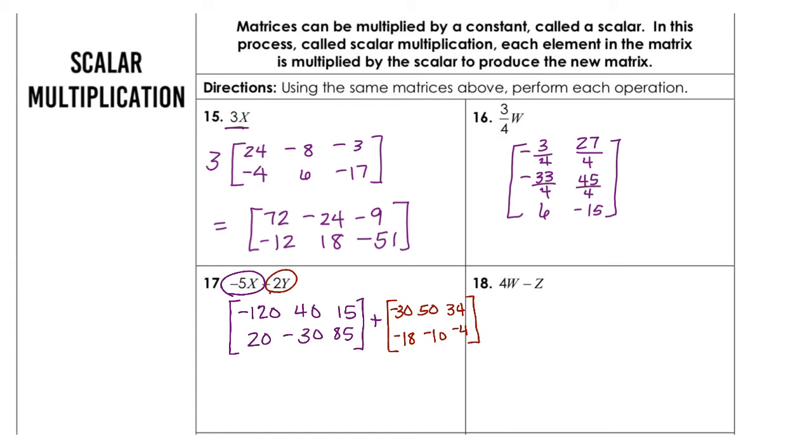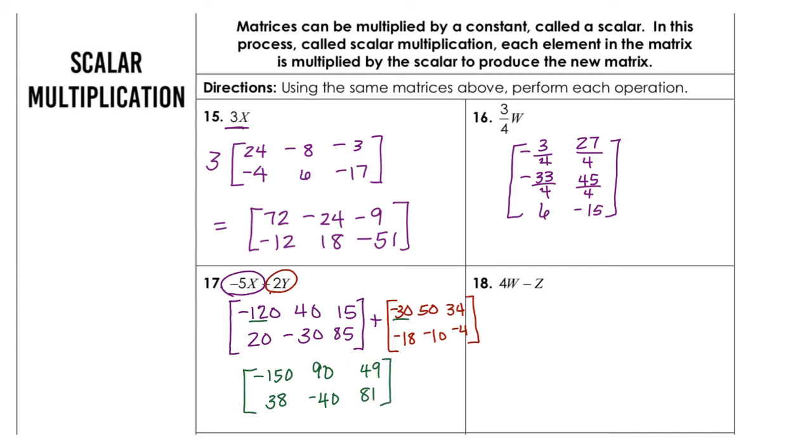Now again, notice that those two have the same dimensions, so now we can put those together for a final answer. And that final answer, again, you're just adding these corresponding parts. So you have negative 150, 90, 49, and then our next row you have 38, negative 40, and then 81.